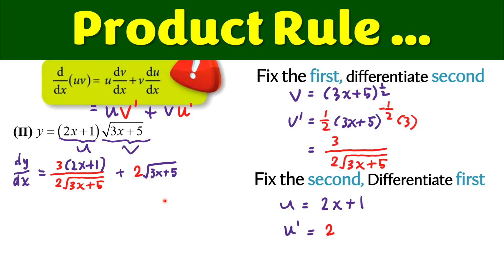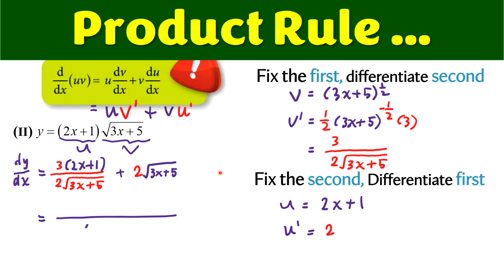Now, at this point, I would like all of you to take note. You notice that the first part of the expression here involves a fraction, and the term here is square root of 3x plus 5, which is the same as the second term. So what I am going to do is combine this into a single fraction.